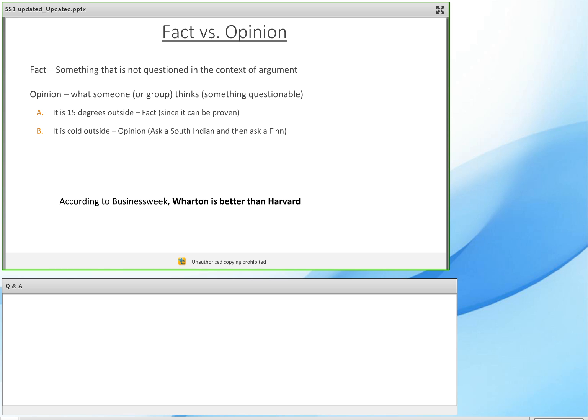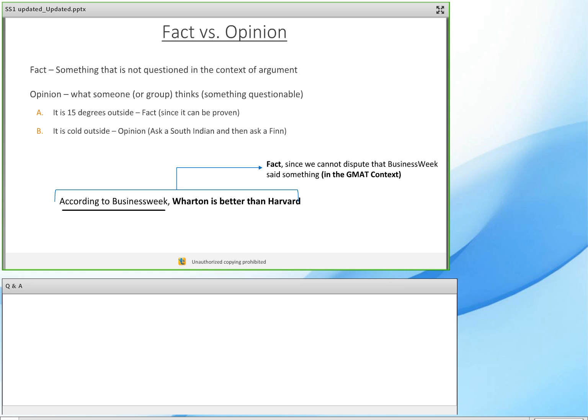According to Business Week, Wharton is better than Harvard. When you evaluate this statement in its entirety, are you going to question the according to Business Week part? Or are you going to really say that no, according to Business Week, Wharton is not better than Harvard?